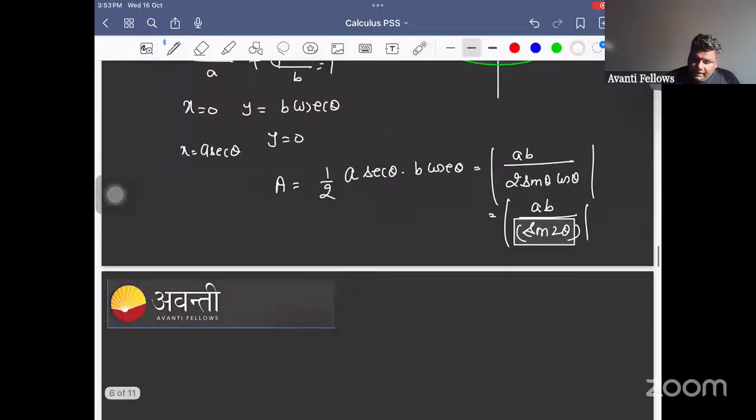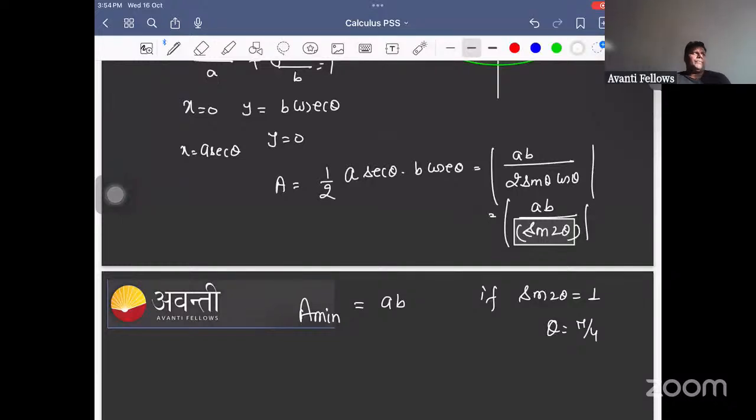So area will be minimum, that will be AB, if sine 2 theta is maximum, that is 1, means theta is pi by 4. So if theta goes pi by 4, area will be minimum and that minimum area will be AB. Am I correct? Have a look.